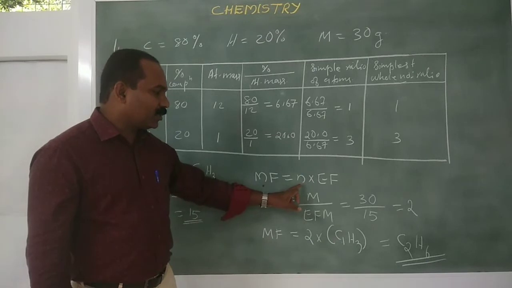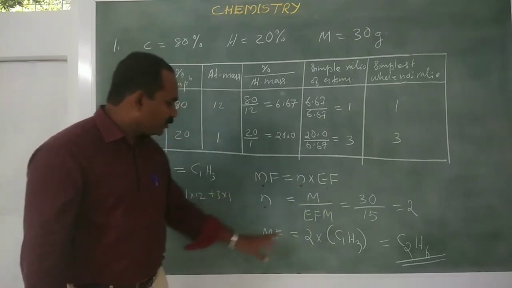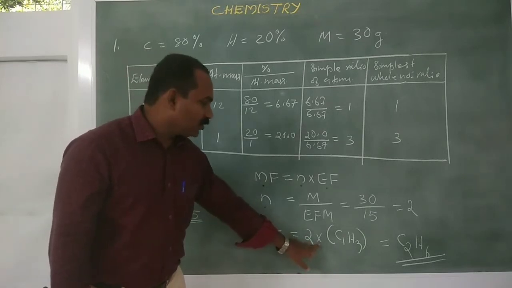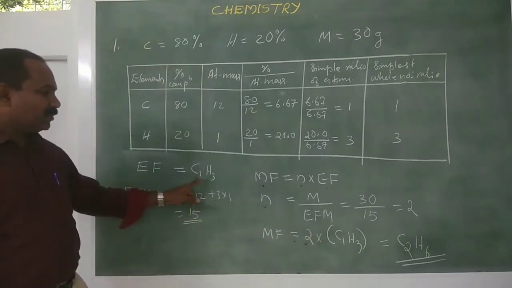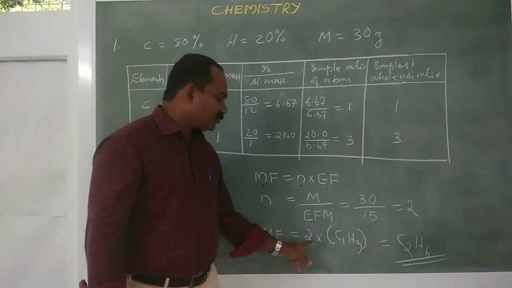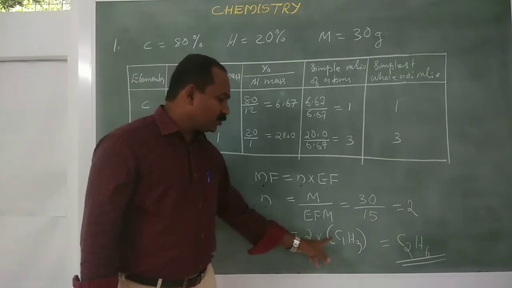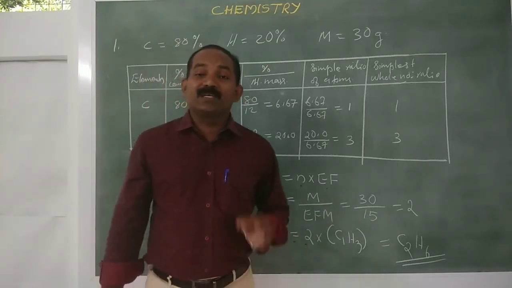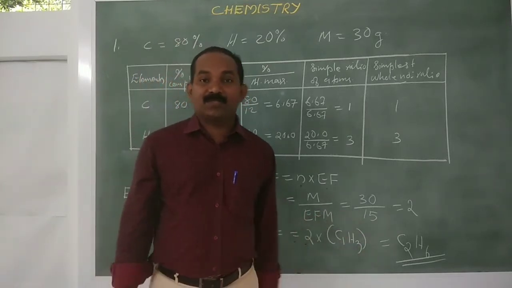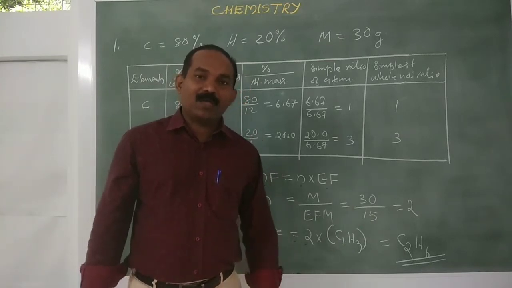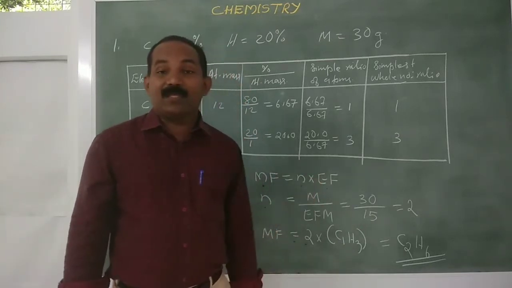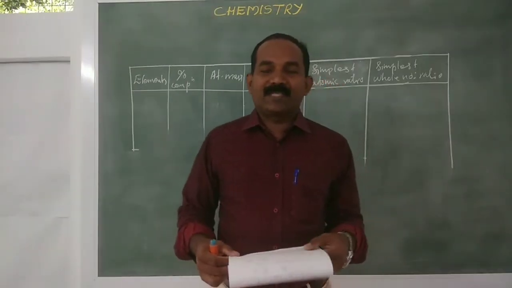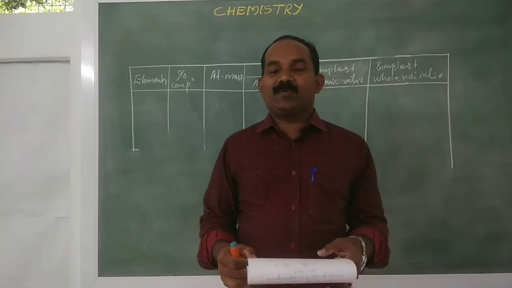Molecular formula is equal to N into empirical formula. So molecular formula of the compound is, here N is 2, 2 into empirical formula C1H3. So 2 into C1H3. Finally, the molecular formula of the compound is C2H6. Okay, this is the formula of ethane. The second problem is taken from the NCERT book.